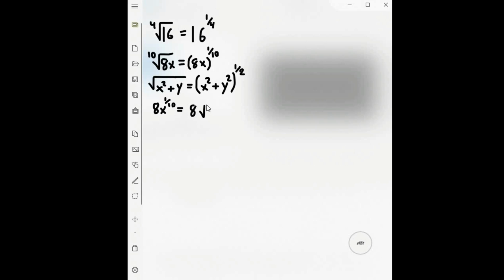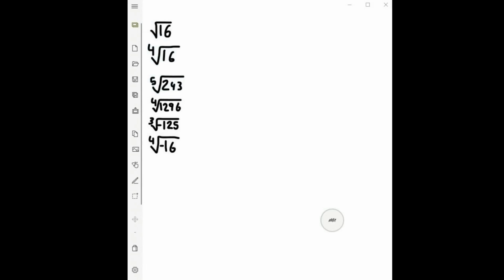So if we have 8x to the power of 1 over 10, 8 is going to be outside of that because 8 doesn't have the exponent. X does. Now, if there's a bracket around the two of them, then yes, 8x would be on the inside.